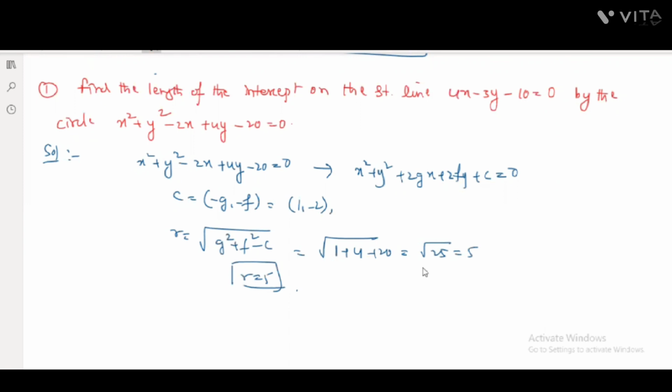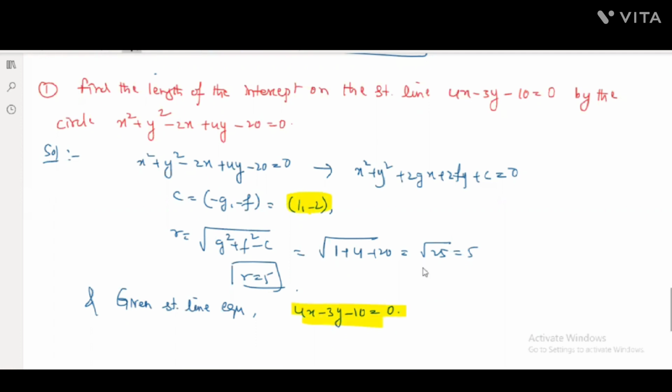So what they have given is the circle equation and the given straight line equation is 4x minus 3y minus 10 is equal to 0. First, we will try one small technique: let's substitute this 1 comma minus 2 in this line.